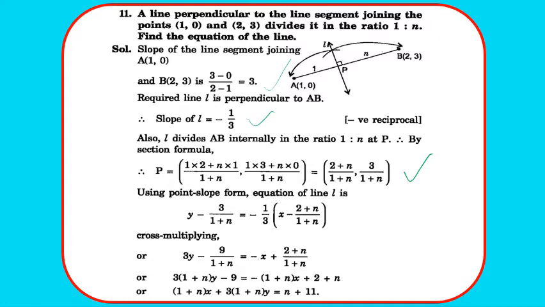So using the point slope form, we get the equation as y minus 3 upon 1 plus n equals minus 1 upon 3 into x minus (2 plus n upon 1 plus n). So cross multiplying and simplifying, we will get the equation of the line as (1 plus n) into x plus 3 into (1 plus n) into y equals n plus 11, which is the required equation of the line. Clear? So pause and note down the solution.